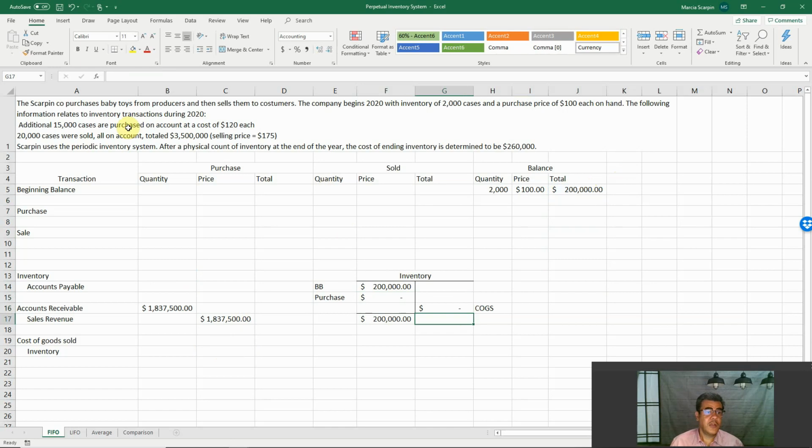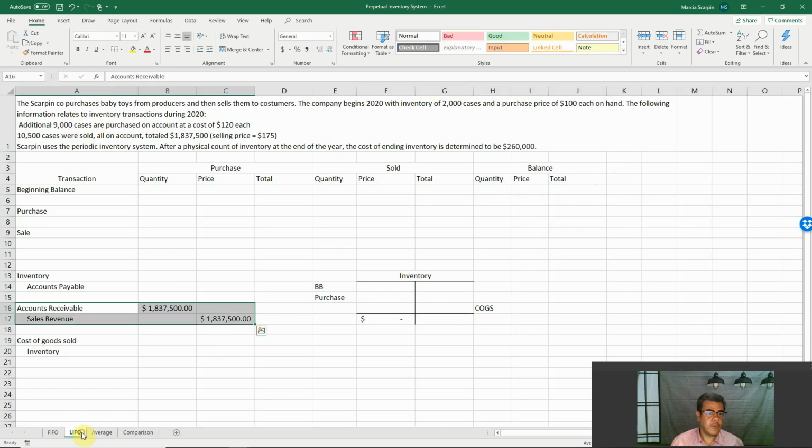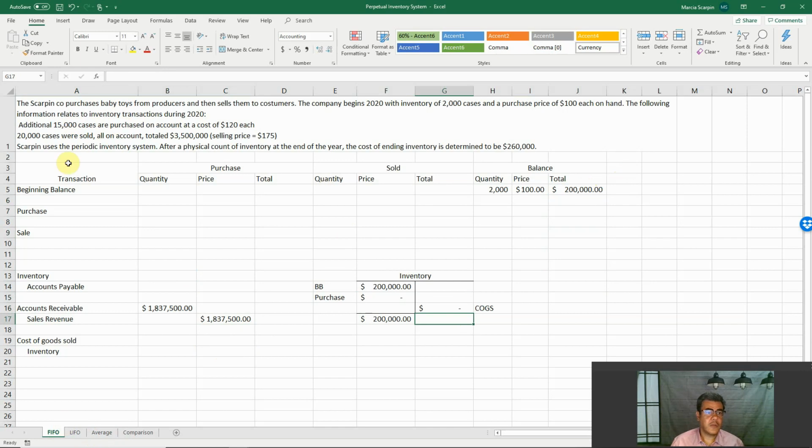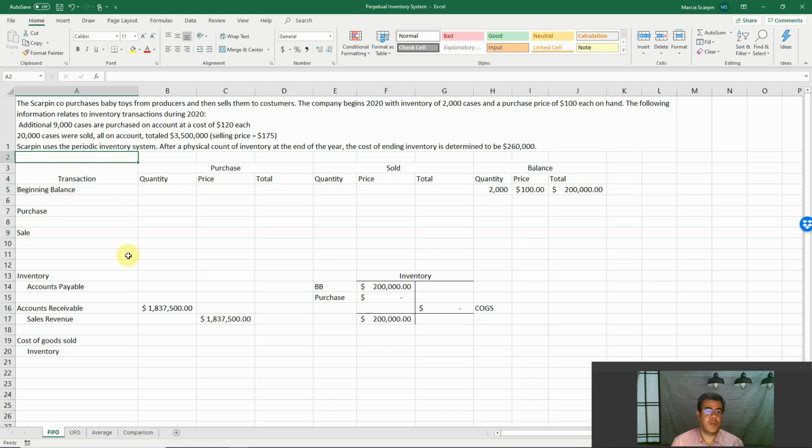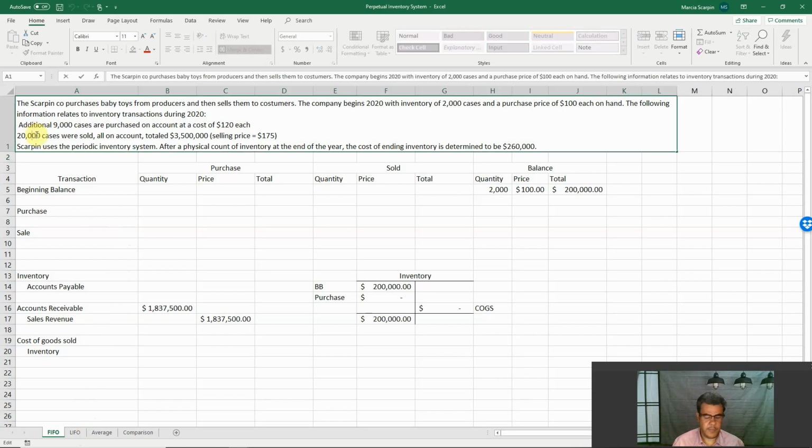Additional 9,000 cases. Now let's do the same.